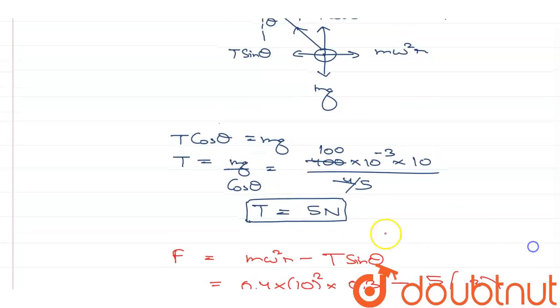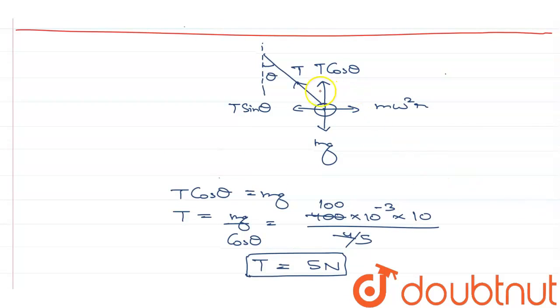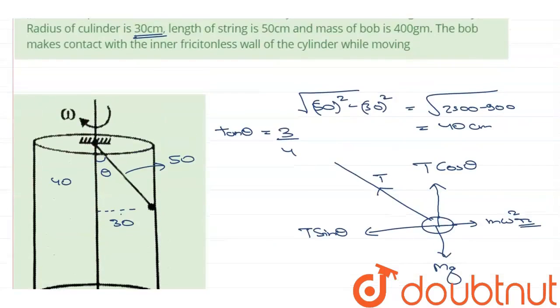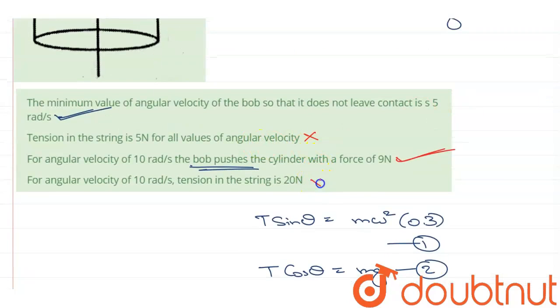The tension in the string will remain 5 newtons, because the vertical component of the tension has only the weight to balance, so its value cannot exceed 5 newtons because the weight is not exceeding this value of mg, and this geometry cannot further be exceeded due to the construction of the cylinder around the pendulum. So option D is incorrect.